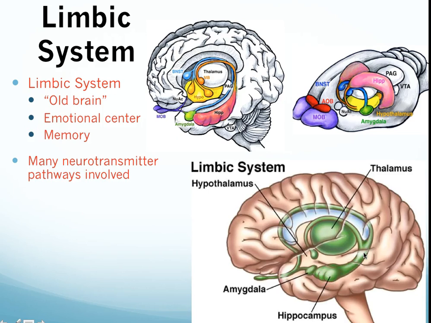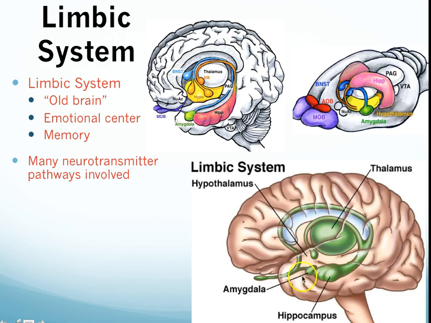So if you think about the very fundamentals of being able to survive for a long time, being able to find a food source and being able to do all the things that a species needs to do to survive, it would make sense that we would have a memory center involved.